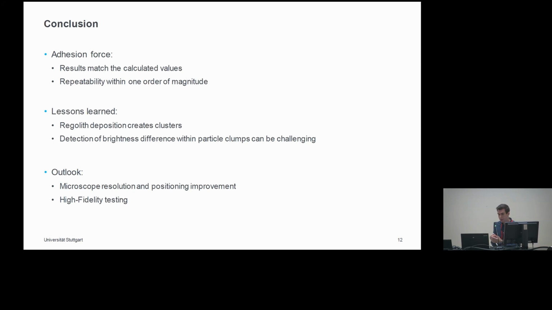In the future, we want to improve the camera resolution to better detect these clumps, and improve positioning to improve the reference picture. For promising surfaces, we will do high-fidelity testing to accurately determine the adhesion force in a high-fidelity environment.